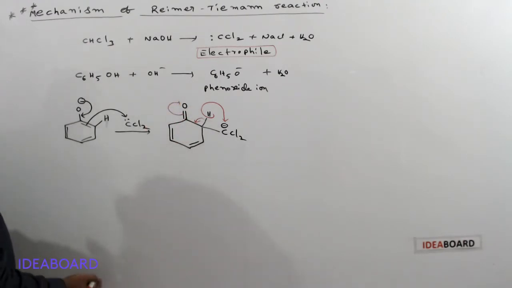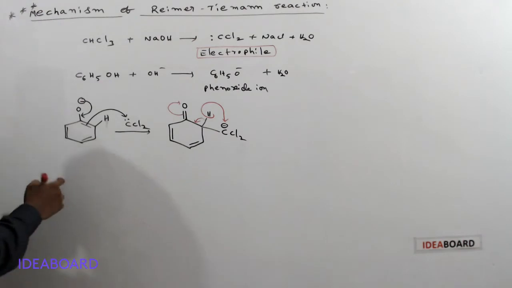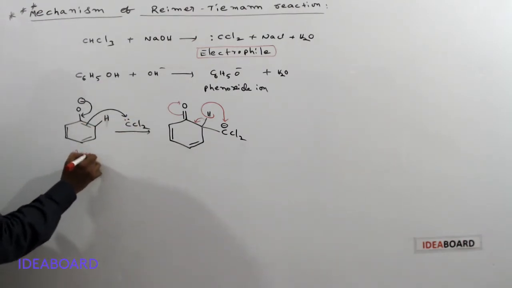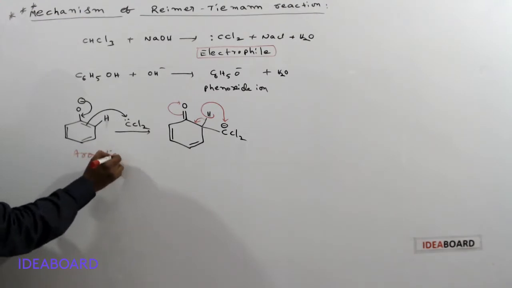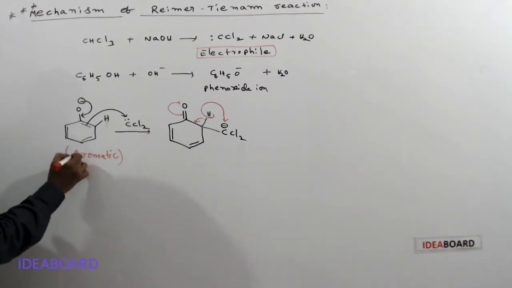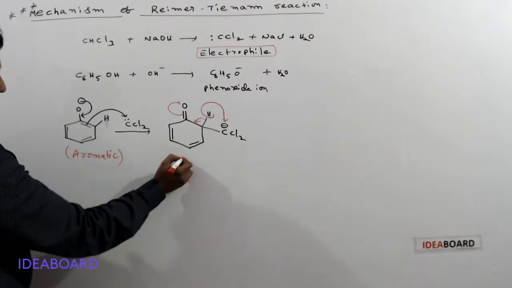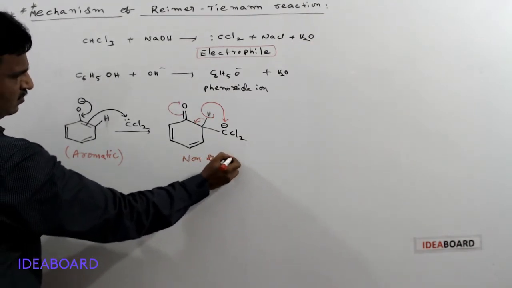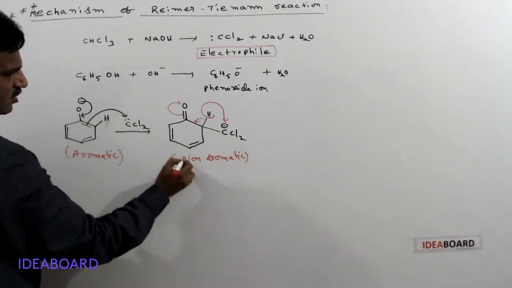And here why this happens is because it is actually aromatic. This is called as aromatic. Aromatic are more stable and this is non-aromatic. Non-aromatic is comparatively less stable.